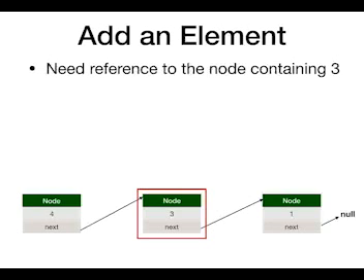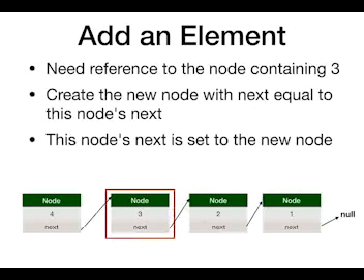Once we have a reference to the node containing 3, we're going to change its next value to point to a new node that we created. And the old next value that was in that node is going to be the next value of the new node that we created.